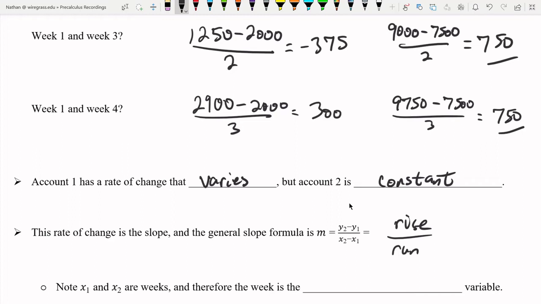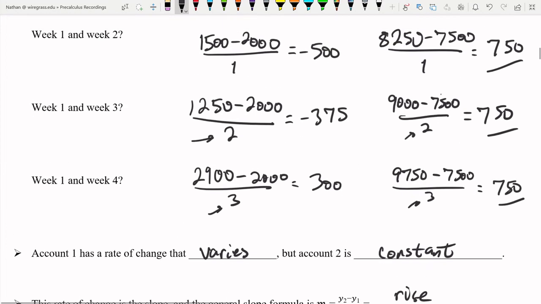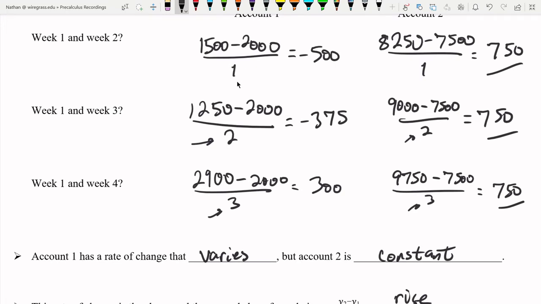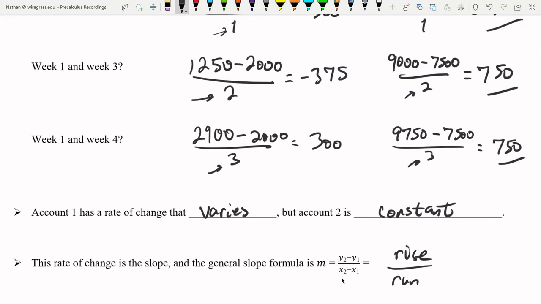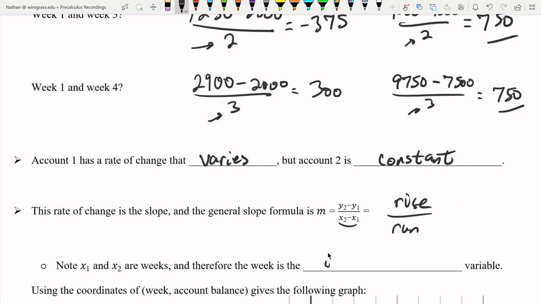Now, of course, you'll note that on the bottom of these things, we had always subtracted the weeks. It was always week 2 minus week 1. And so on the bottom would have been x2 minus x1. So our week is the independent variable for our function. It's the x variable.